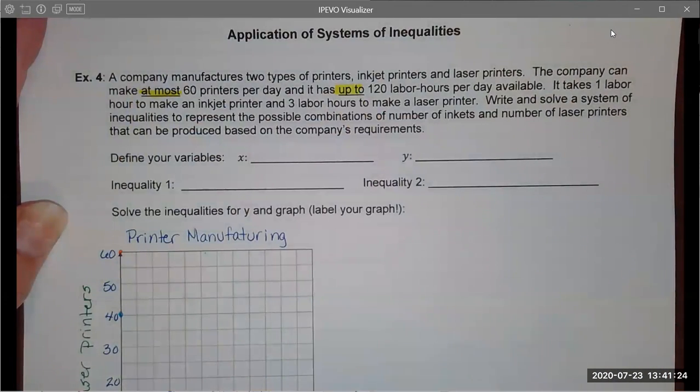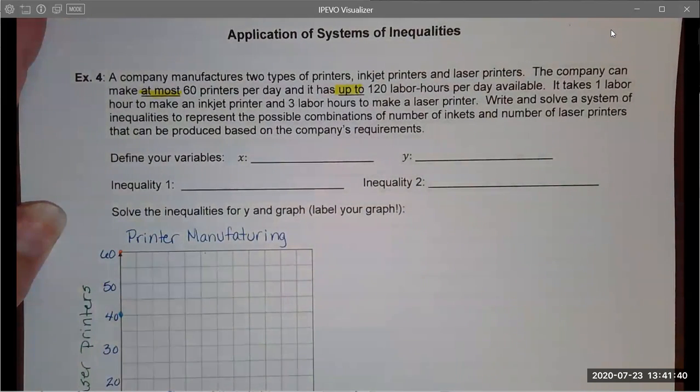It takes an hour to make an inkjet printer and 3 hours to make a laser printer. Write and solve a system of inequalities to represent possible combinations of numbers of inkjet and numbers of laser printers that can be produced based on the company's requirements.